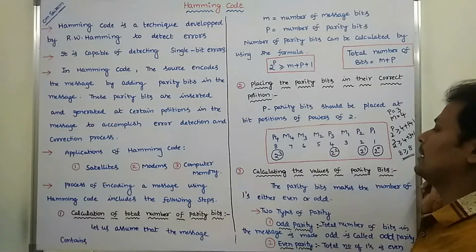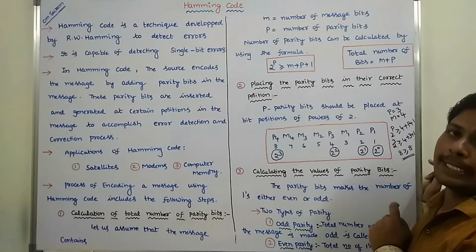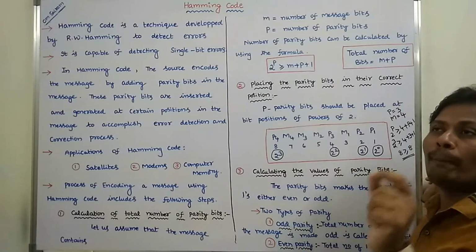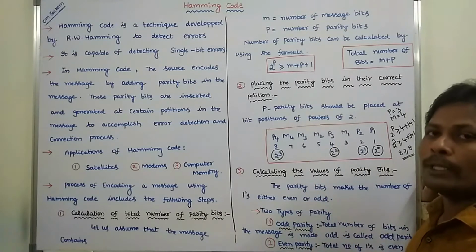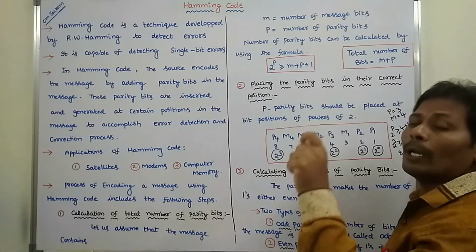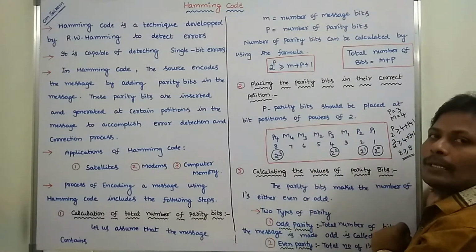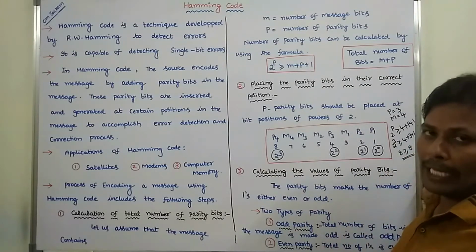Okay. Next one, third one, calculating the values of parity bits. Once we have calculated how many parity bits there are, and found that these parity bits are located at powers of 2 positions, then how do we calculate the parity bit value?